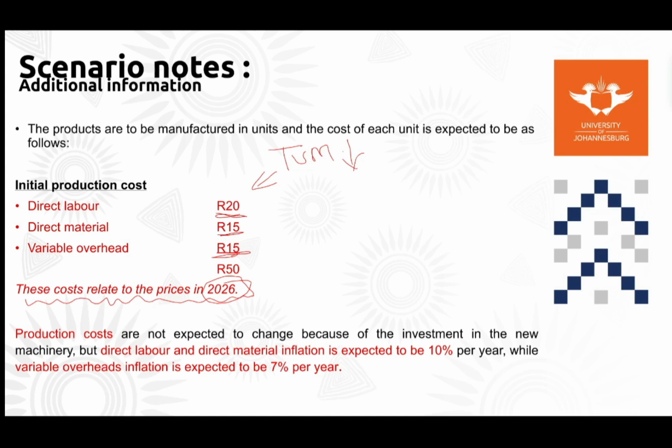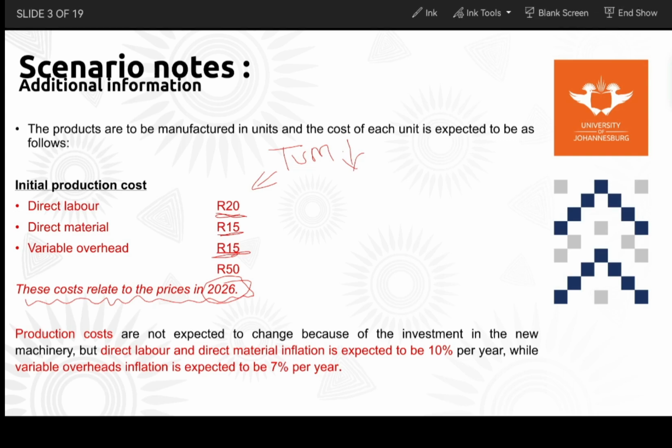So then we need to look at what they are telling us down here, where they say production costs are not expected to change because of the investment in the new machinery, but direct labor and direct material inflation is expected to be 10%.